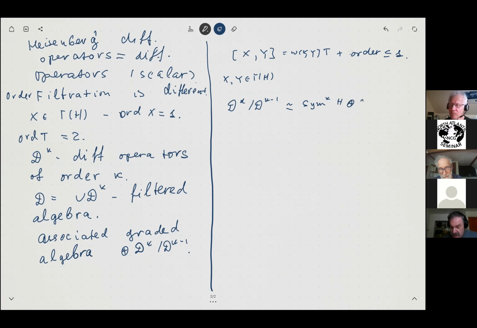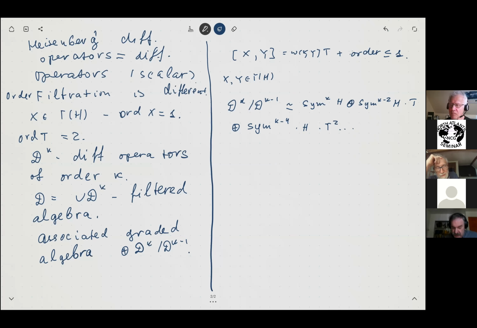Then you will also have symmetric tensors of degree k minus 2 times t, which raises order by 2, and so on.